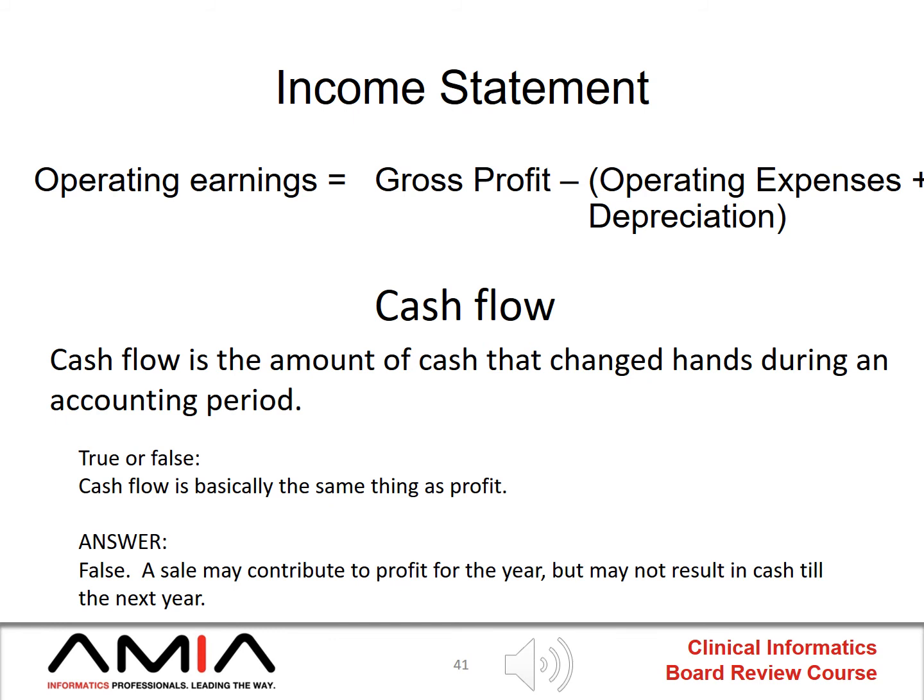A sale may contribute to profit for the year, but may not result in cash until the next year. So this is what is behind the statement that someone, for example, has cash flow problems. The money is coming, but it's not there now, and yet they need the cash now. That's a cash flow problem.